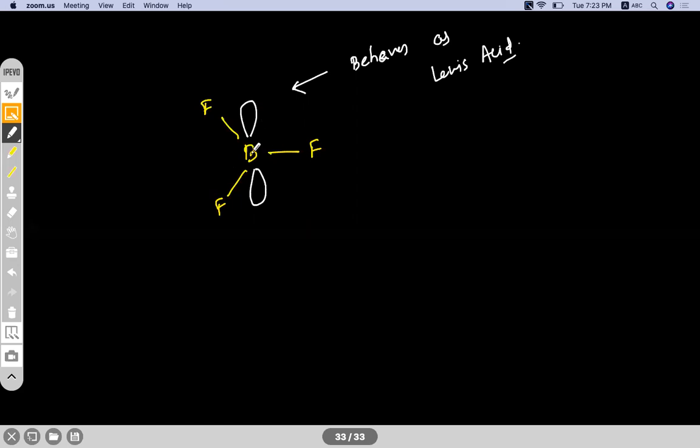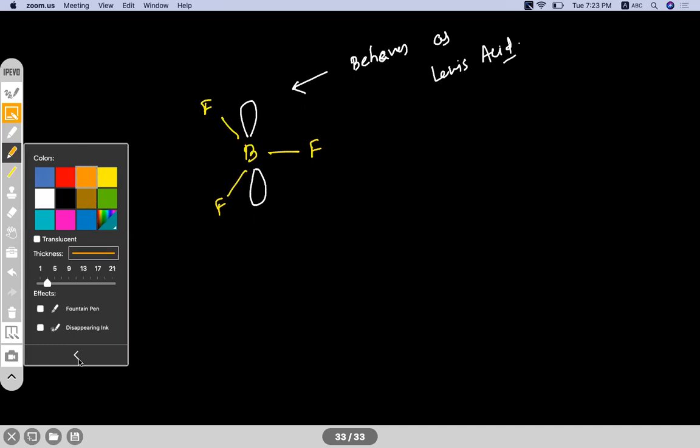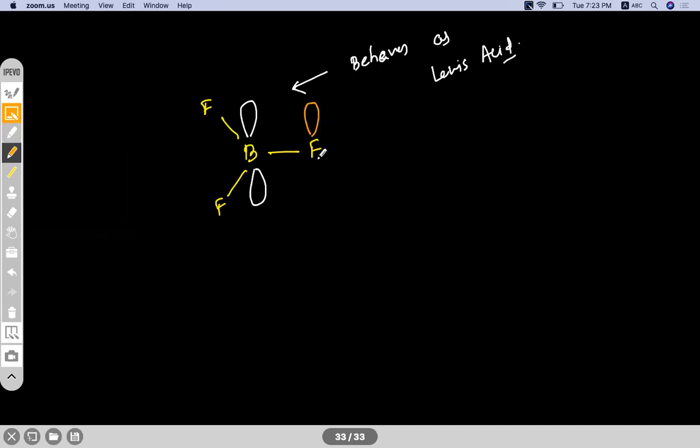Okay. So if it is electron deficient, it has more tendency to accept electrons. But the electron deficiency decreases because of back bonding. So what does fluorine do? Fluorine has a pair of electrons, a lone pair, right? Since the orbital size is also comparable, it donates its electron to the vacant orbital of boron.